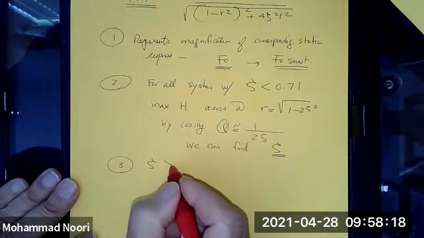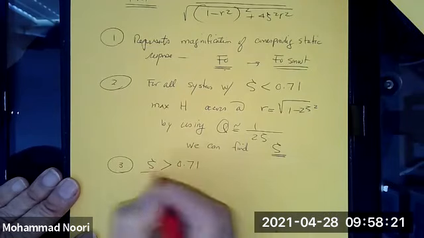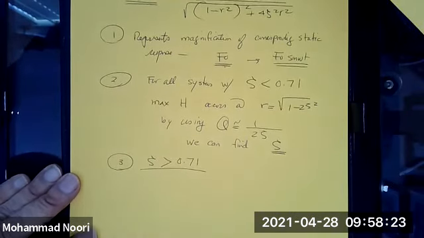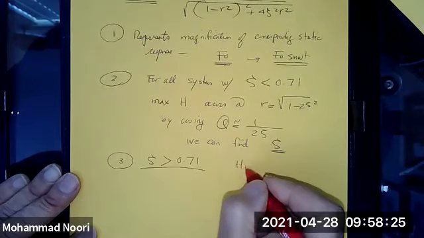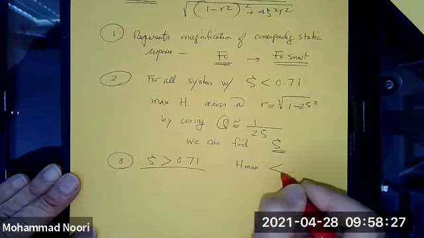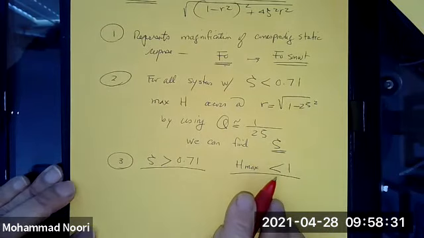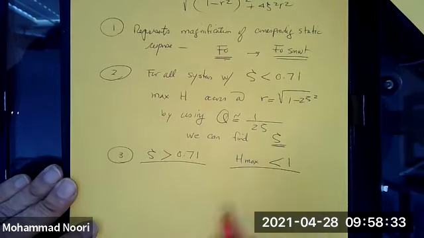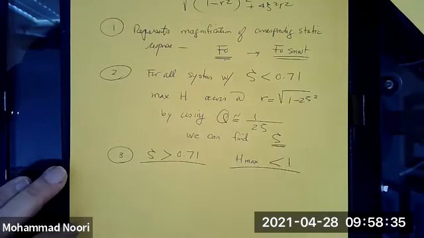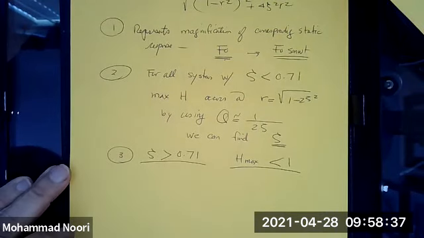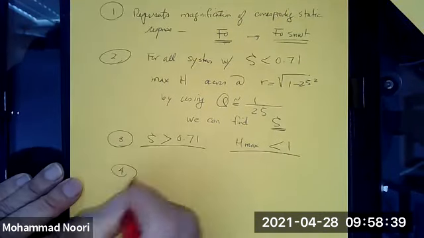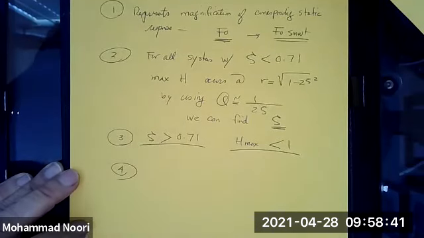For cases where zeta is greater than 70%, H max is always less than 1, or the dynamic displacement is always less than the corresponding static displacement. Last observation is this.